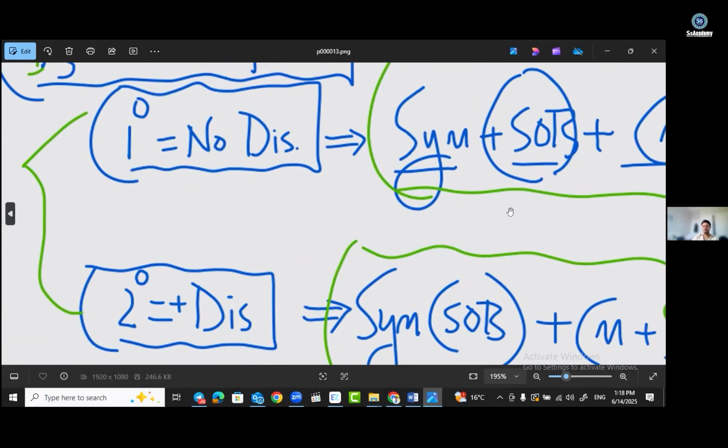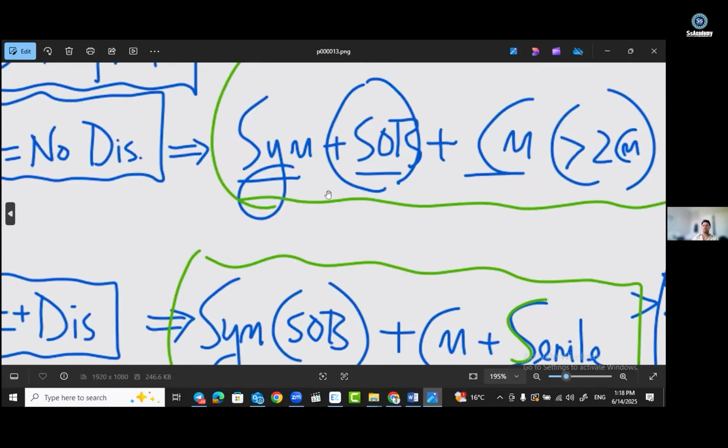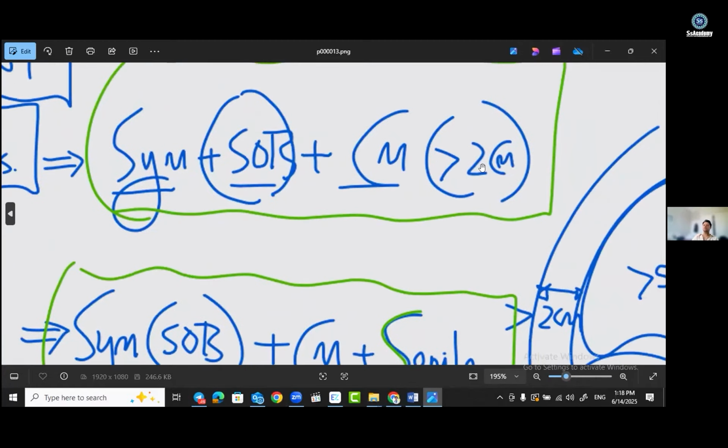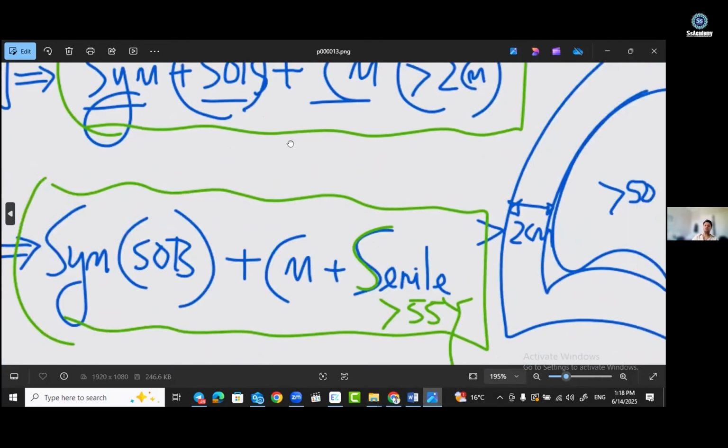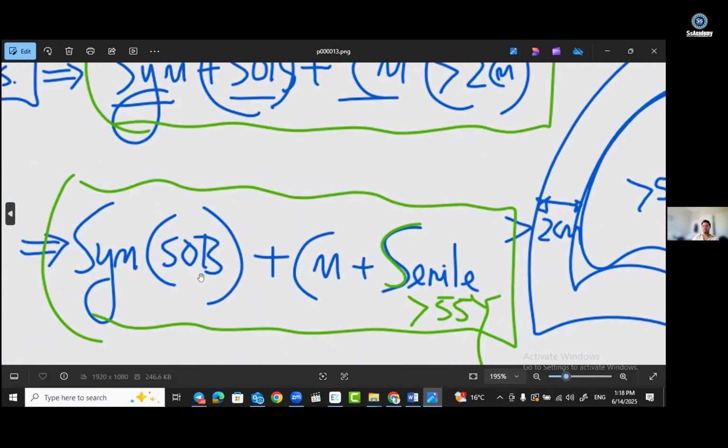I put the box: primary equals symptoms. What are the symptoms? Shortness of breath, means breathing difficulty, breathlessness. Symptoms and centimeter. Centimeter means more than 2 centimeter. And for secondary, we need to know three words: symptoms, shortness of breath, centimeter, and senile. Senile means more than 55 years.